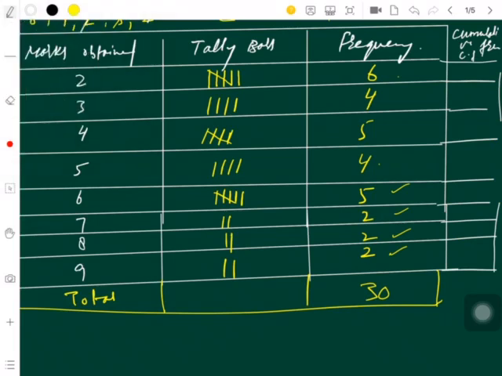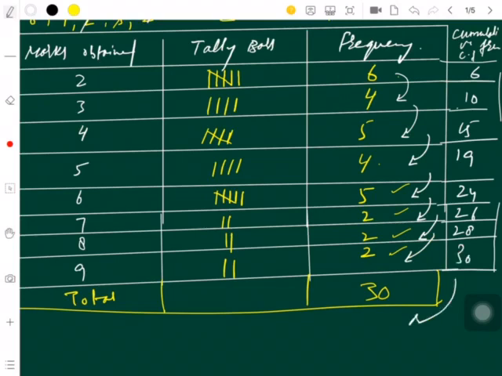It means 6 will be as 6. 6 will be added with the 4, 10 will be added with the 5, 15 will be added with the 4, 19 added with 5, 24 will be added with the 2, 26 will be added with the 2, 28 will be added with the 2, that is 30, and 30 is equal to 30.